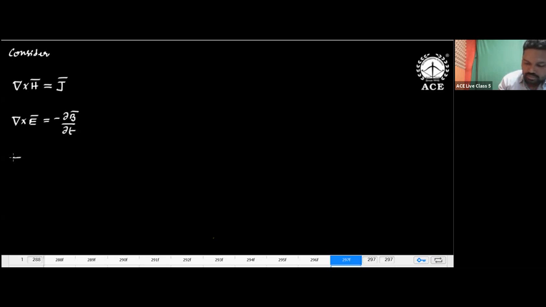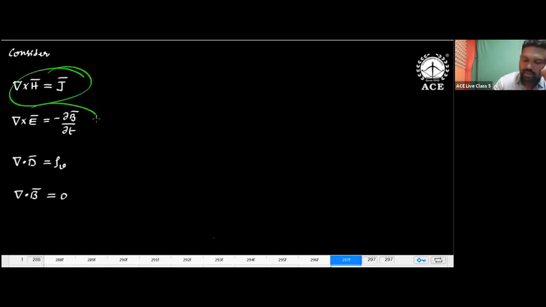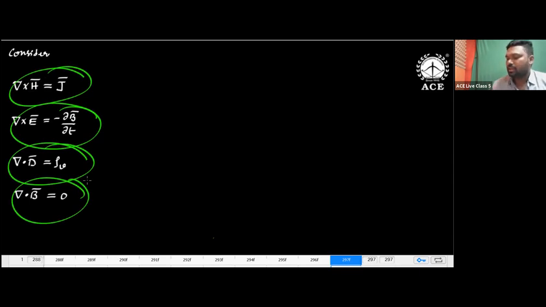Next one, divergence of D is equal to rho v. Next one, divergence of B is equal to 0. These are the different laws which were proposed by various scientists. This is Ampere's law. This is Faraday's law. This is Gauss law for electric field, Gauss law for magnetic field.